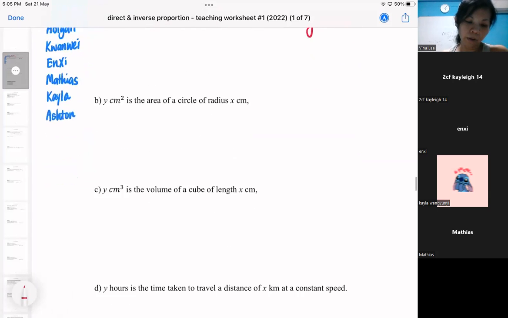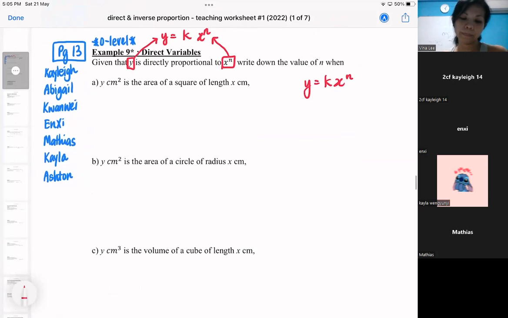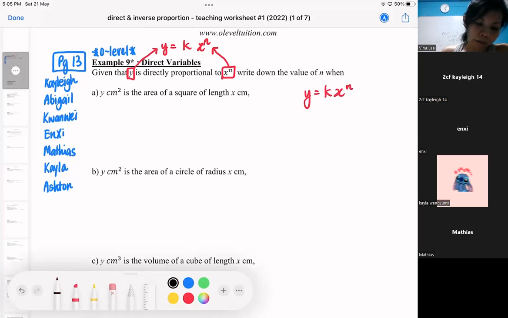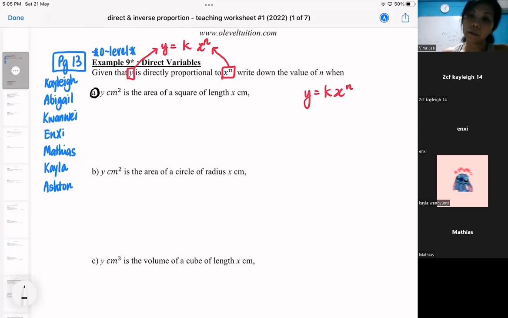All the four questions have different scenarios. For example, what is the first scenario? Let's take a look. The first scenario talks about a square. Try to draw it out if you can.